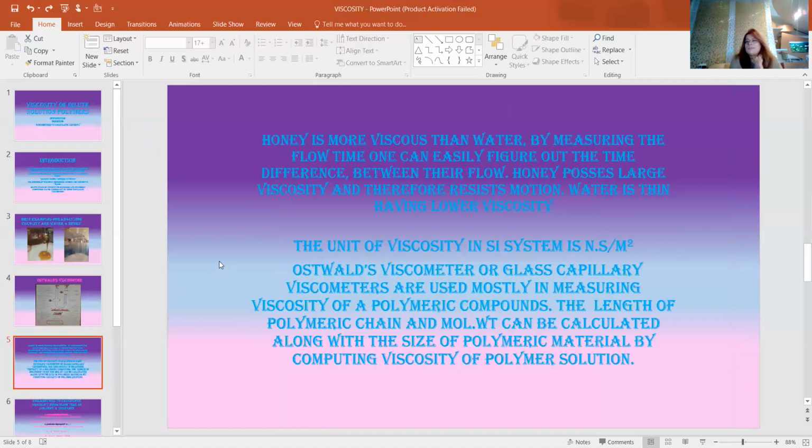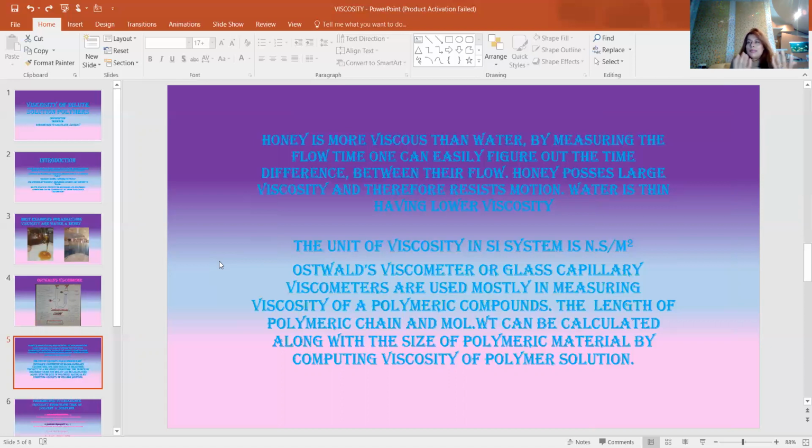Okay, now as I just mentioned, honey is more viscous than water. By measuring the flow time, one can easily figure out the time difference between their flow, right? Honey possesses large viscosity and therefore resists motion, whereas water is thin, having low viscosity. This I have already explained, that definitely it's more viscous, right?